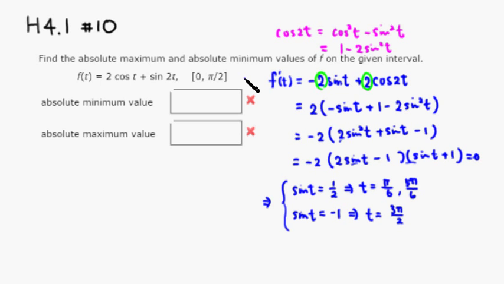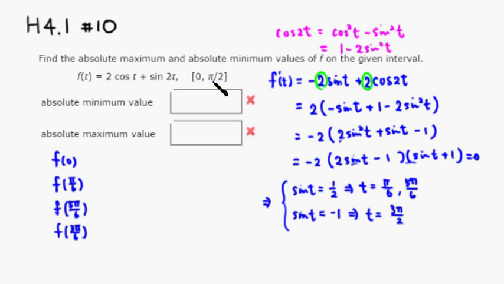Now we want to find the critical numbers on the interval 0 to pi over 2, and check all of them. So here we look at f of 0, f of pi over 6, f of 5 pi over 6, f of 3 pi over 2, and then the last one is f of pi over 2.